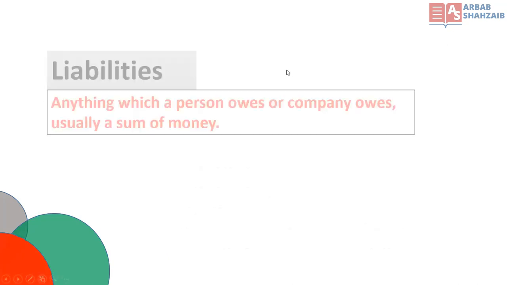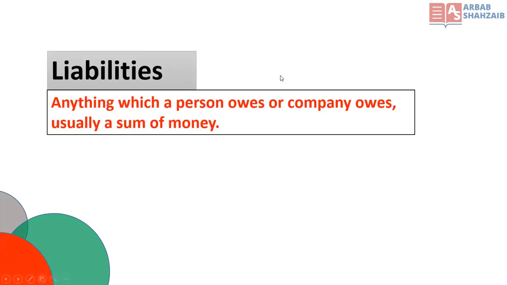So let's move to liabilities. What are liabilities? Anything which a person owes, whether money or something else, anything which a person or a company owes, usually a sum of money, is called a liability.